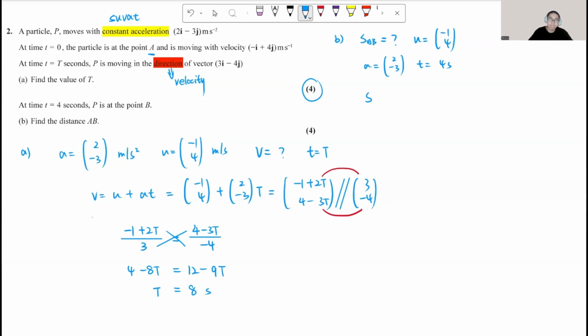We can just use s equal to ut plus half at squared. So u is -1, 4, and t is 4, plus half times acceleration, which is 2, -3, times t squared, which is 4 squared.